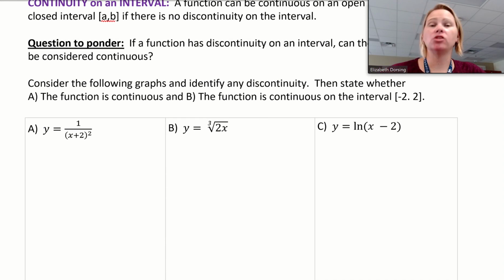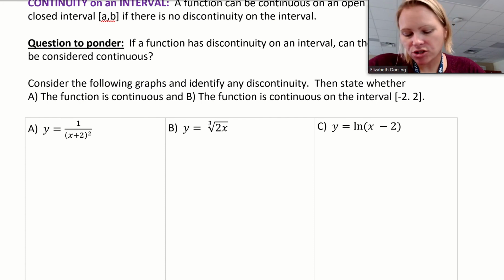So before we even look at the graph, let's talk a little bit about what's going on with each of these. Now, question A has this 1 over this value, and so immediately when I see a fraction, I think, oh, there's probably some sort of asymptote or hole or something like that. And this one actually doesn't have any asymptotes or holes because there's nothing. Actually, I take that back.